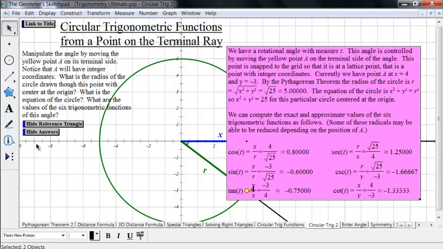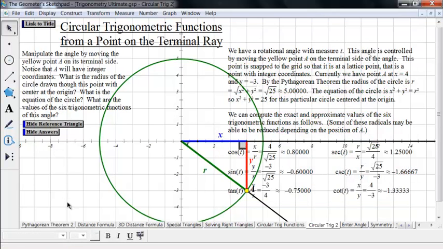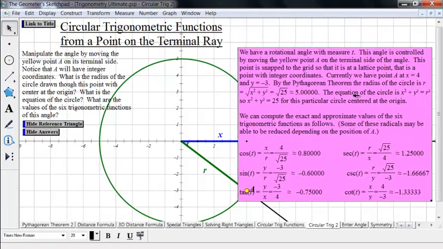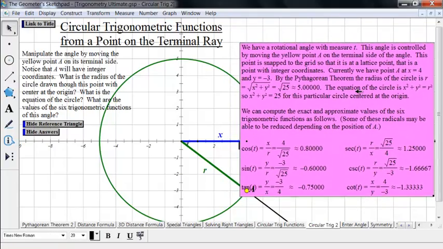So anyway, here are the answers that we have. We see that it's a rotational angle, and it has a measure of, we'll call it t. And the point where we are is x equals 4 and y equals negative 3. By the Pythagorean theorem, we determine the radius r, which is the square root of x squared plus y squared.